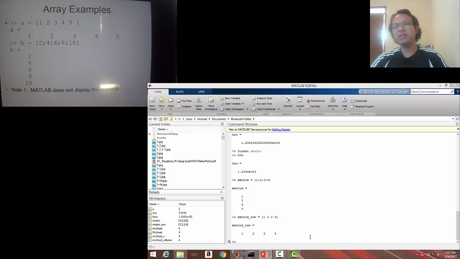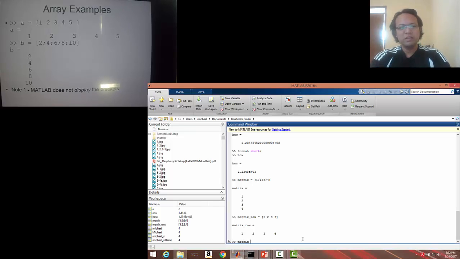No need to initialize here like in C, C++. Here, immediately write it, because that's why, by the way, the name is MATLAB. The meaning of MATLAB is Matrix Laboratory. Okay, so that is the meaning of MATLAB.